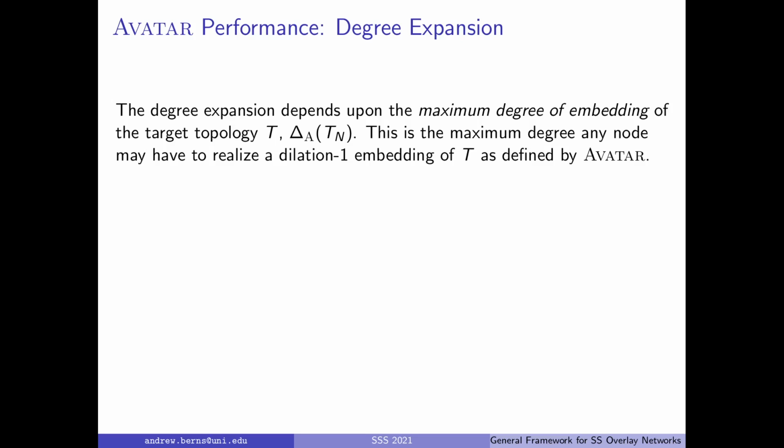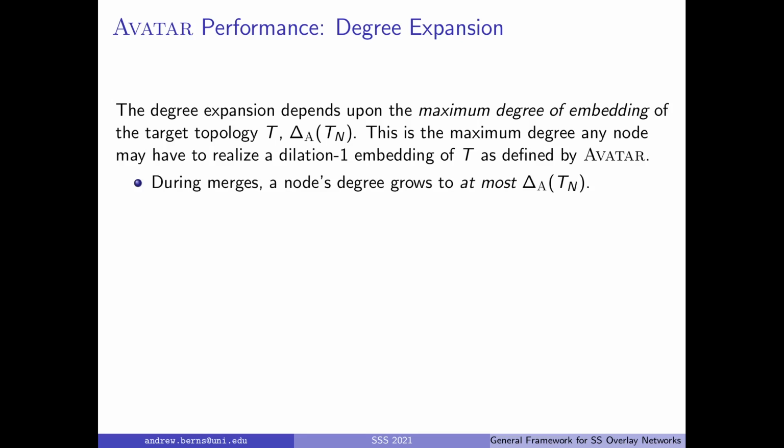There's a formal definition of it in the paper, and we can give some examples too. Again, it's just a metric of if you need a dilation 1 embedding, what's the largest number of external nodes, if you will? What's the largest number of neighbors a node may have even if it has a large number of guest nodes?